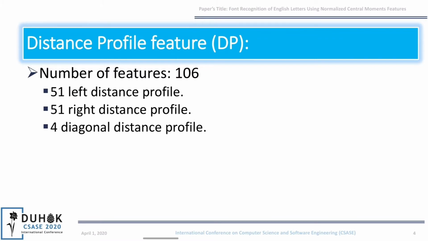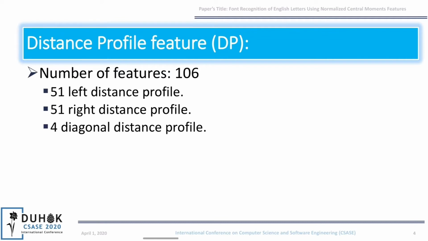Distance profile feature (DP) is a histogram feature that calculates background pixels of a character image. Because the image is of size 51 by 51 pixels, it calculates 51 left distance profile and 51 right distance profile features.